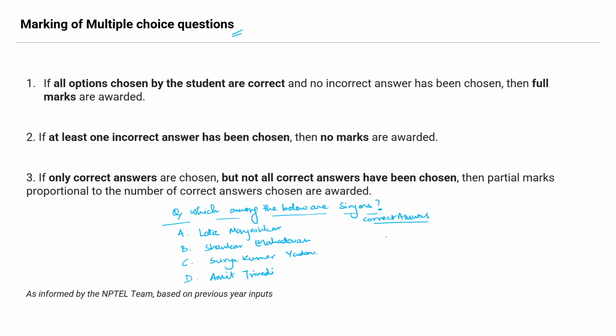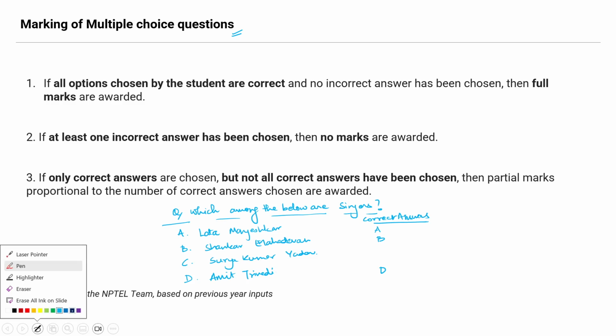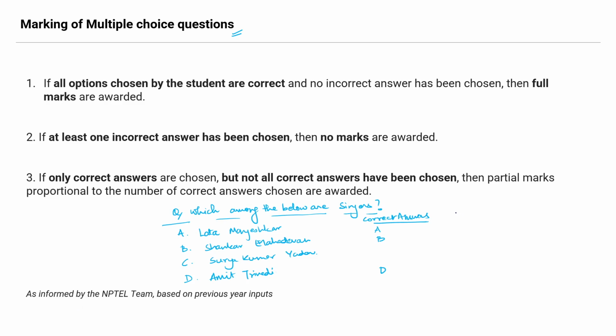A, B, and D. All right. I believe this was an easy question, not a difficult one. So let's take all these one, two, three scenarios and understand how you will be marked.